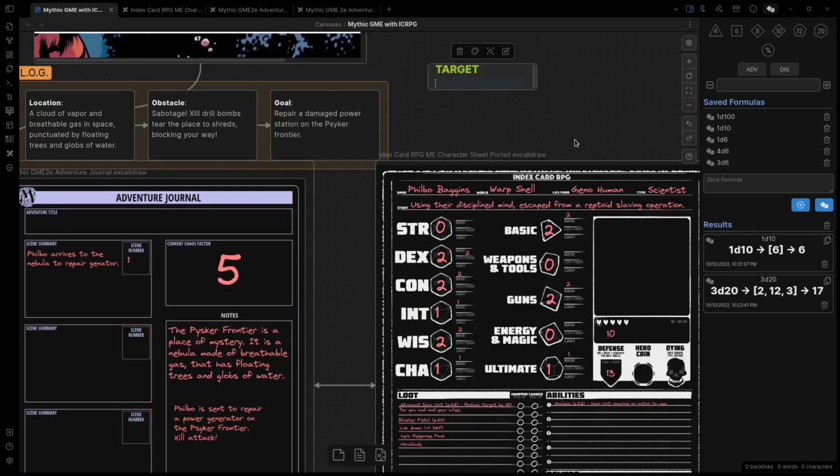I really like to start with 10 for a simple scene. Cool. So the scene target is 10.